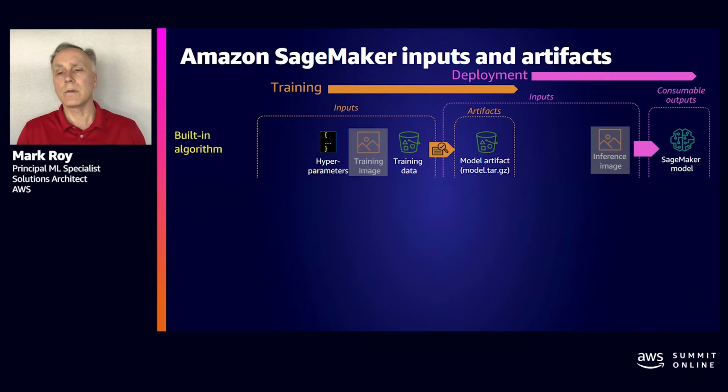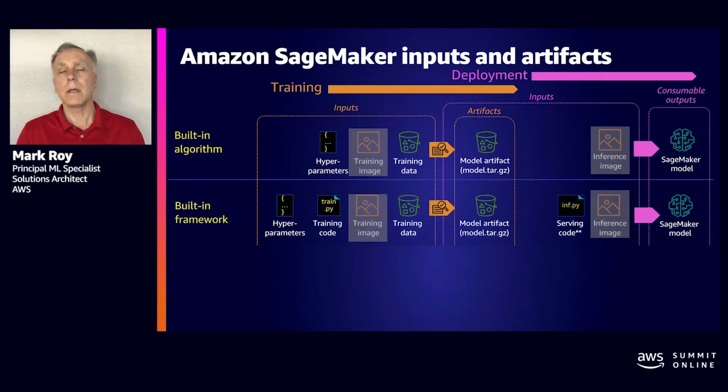The second approach, and maybe even more common, is when you want to use a built-in framework. So instead of an algorithm that's got everything figured out for you, you've got some really interesting algorithm that you want to bring forward in, let's say, TensorFlow or PyTorch or MXNet, maybe even scikit-learn, but you don't want to have to worry about all of the details of building containers and optimizing those frameworks.